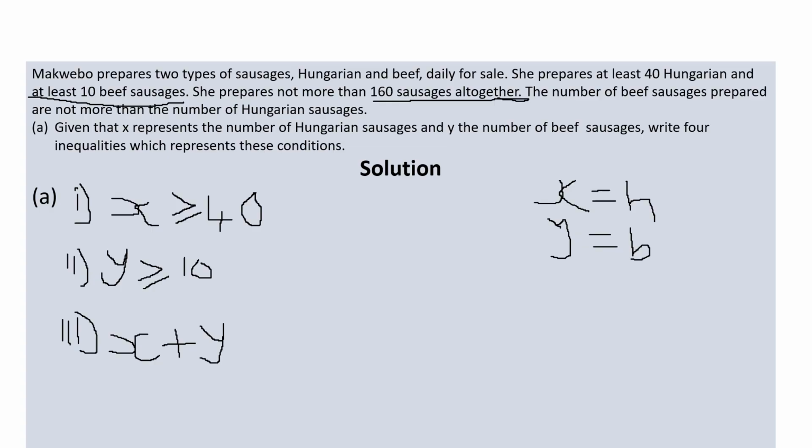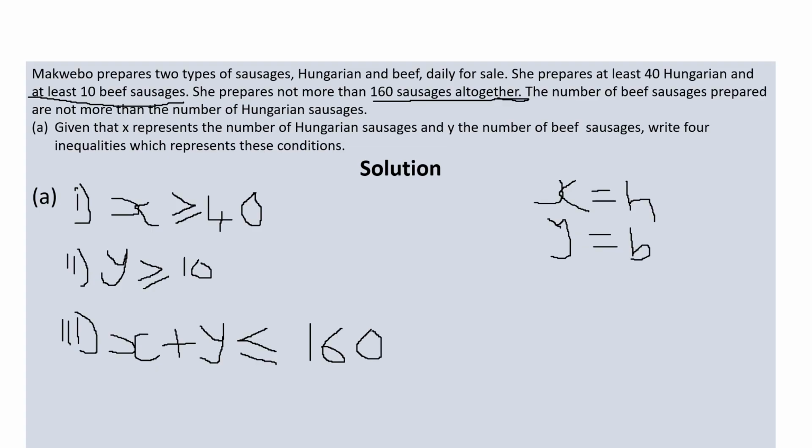So x plus y should not be more than, meaning less or equal to 160. So we have 3.